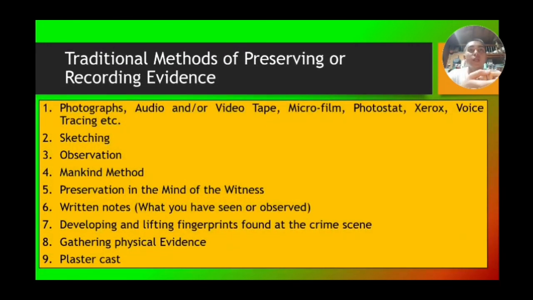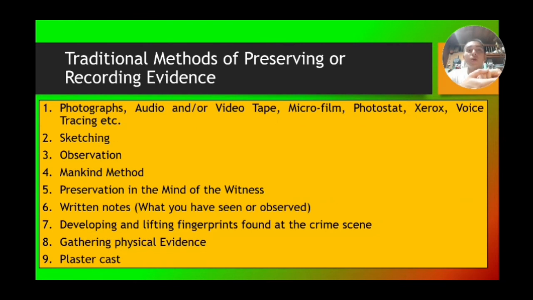Traditional methods of preserving or recording evidence are, first, photographs, audio, videotape, microfilm, voice tracing, etc. Second is sketching. Third is observation. Fourth is the mankind method. Fifth is preservation in the mind of the witness.